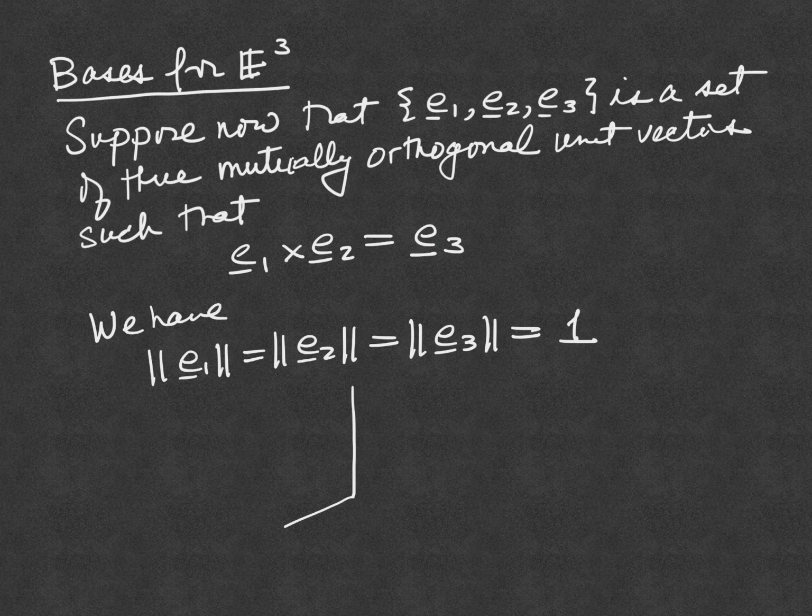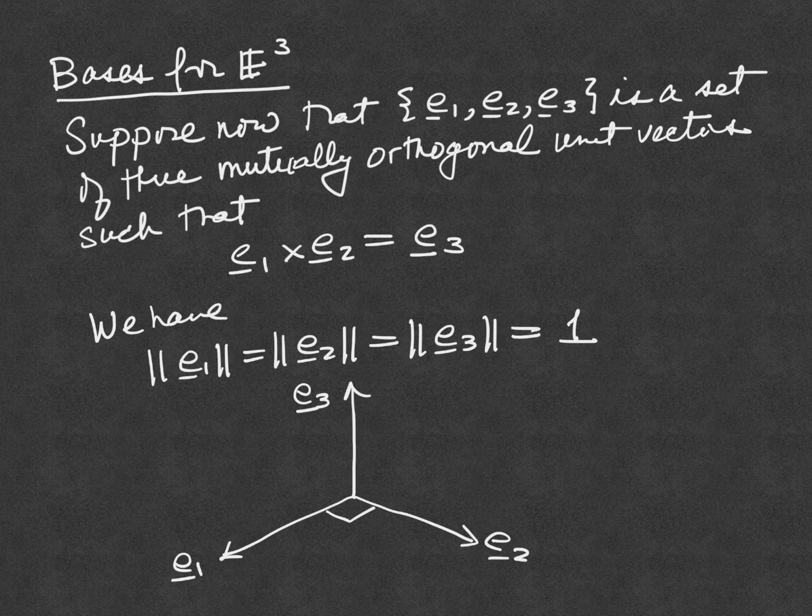If I draw these three vectors, I have E1, I have E2, and I have E3. And these vectors are mutually orthogonal. So the angle between E1 and E2 is pi over 2.